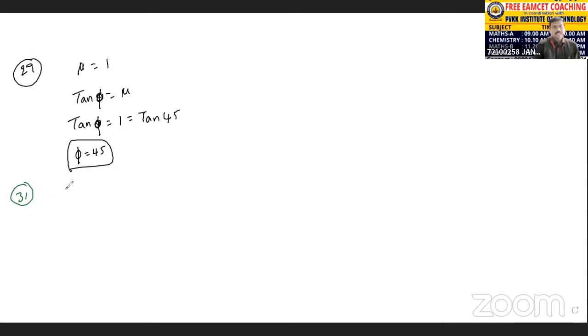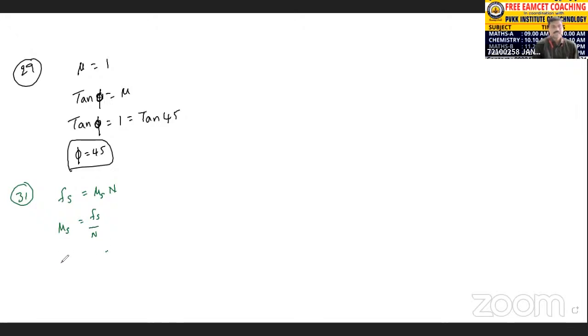So we know that the static frictional force Fs is equal to mu s into N. So mu s is equal to Fs by N. In the question, it says each hand exerts 40 Newton.